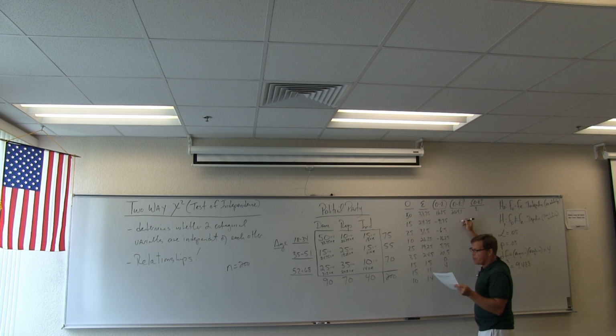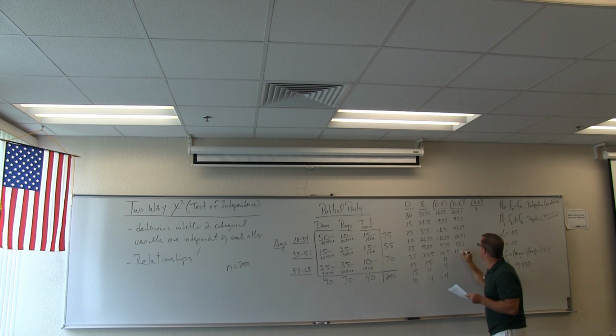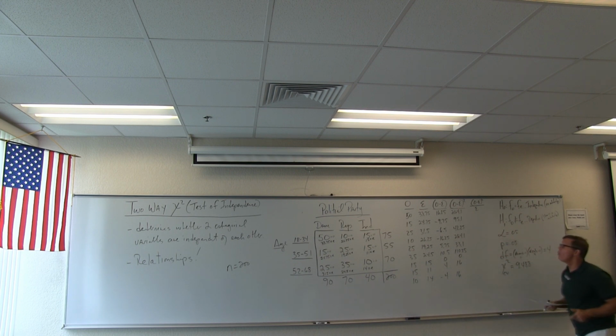Negative 9.75 squared, 95.1. 42.25. 264.1. 33.1. 10.5 squared, 110.25. 0, 16, 16. O minus E squared.